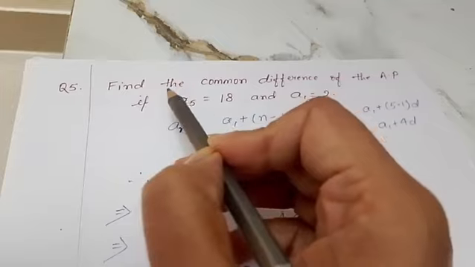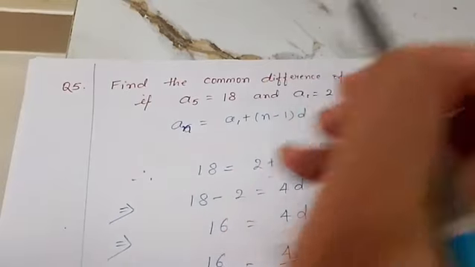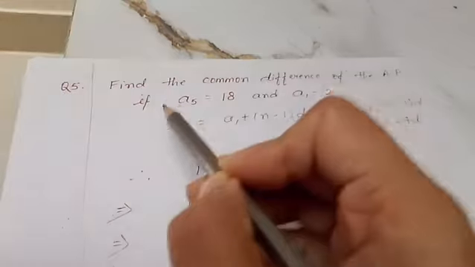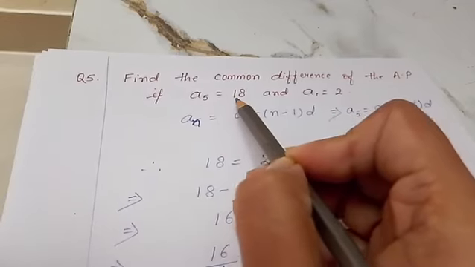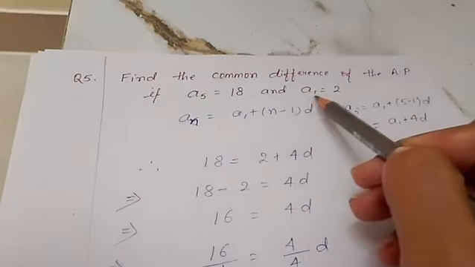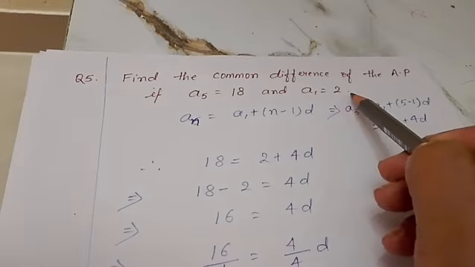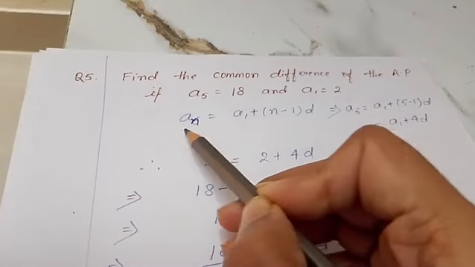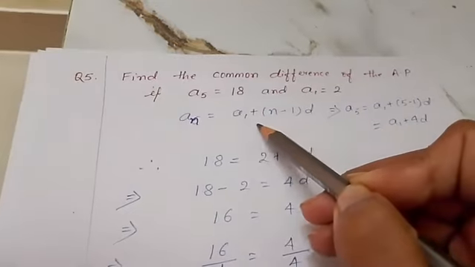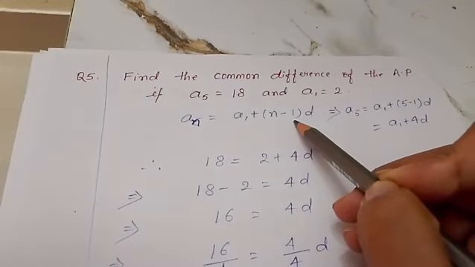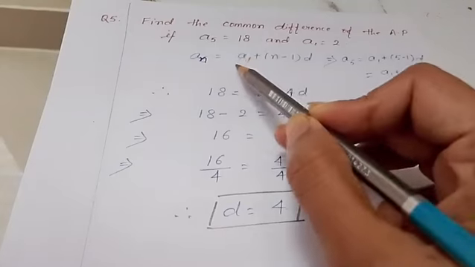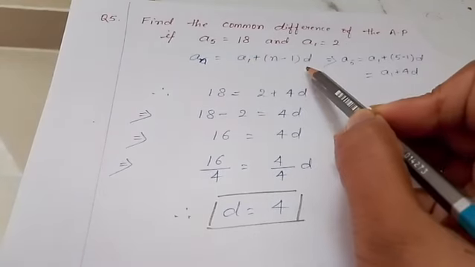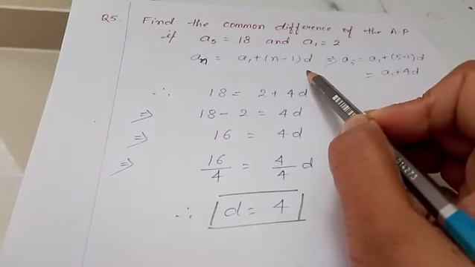Question number 5. Find the common difference of the AP if a5 is equal to 18 and a1 is equal to 2. Use nth term formula, which is an is equal to a1 plus n minus 1 into d, where a1 is equal to first term and d is equal to common difference.